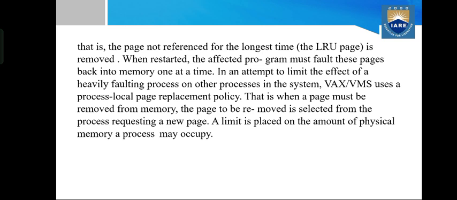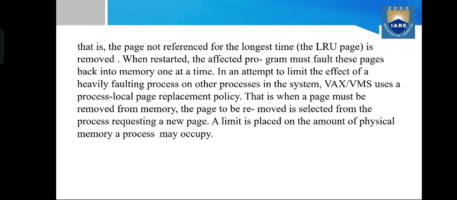In an attempt to limit the effect of heavily faulting processes on other processes in the system, VMS or VAX uses a process-local page replacement policy. That is, when a page must be removed from memory, the page to be removed is selected from the process requesting a new page.